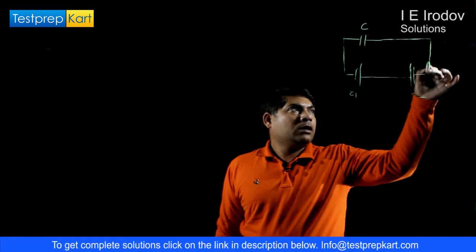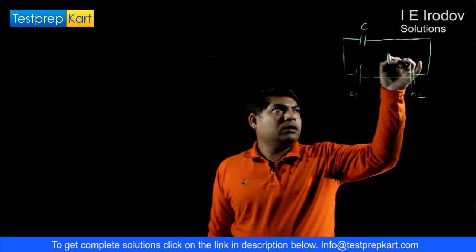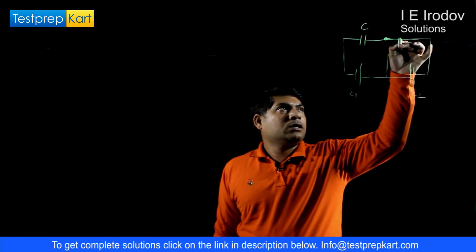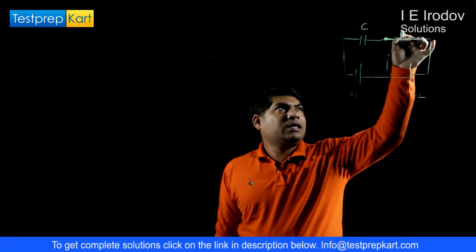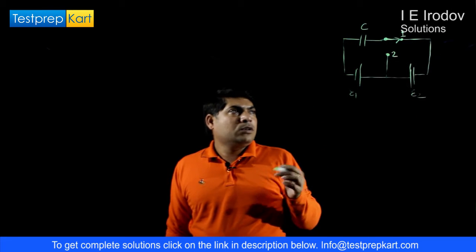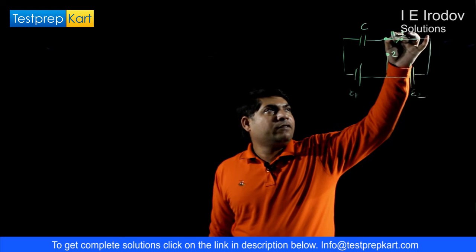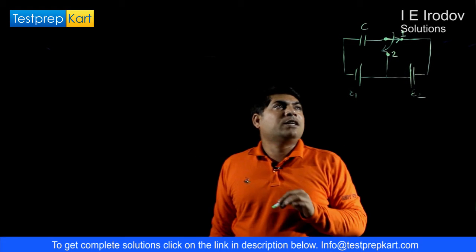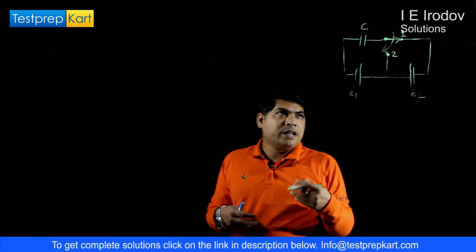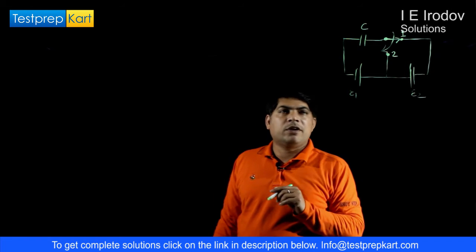Here is a switch which is first connected at point 1 and second at point 2. So this question is stating that if this switch is shifted from position 1 to position 2, then what amount of heat will be liberated from there?